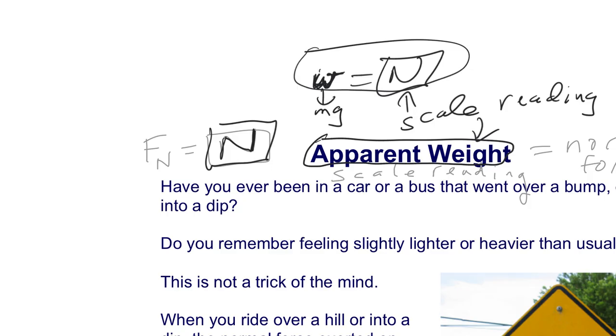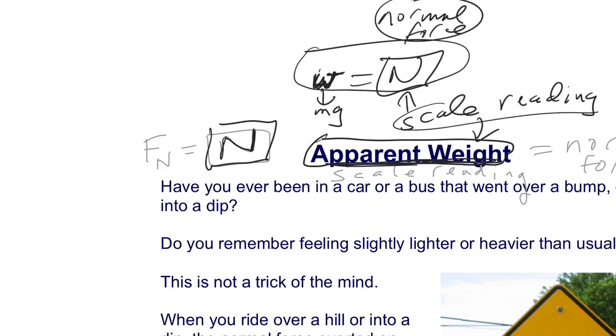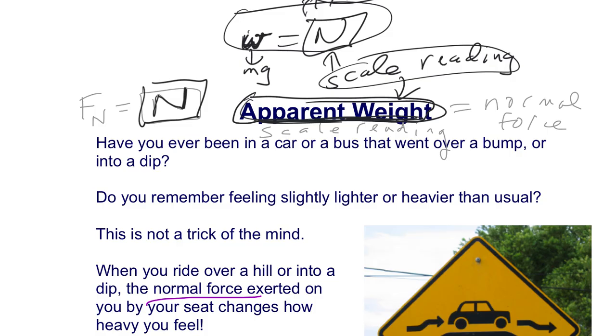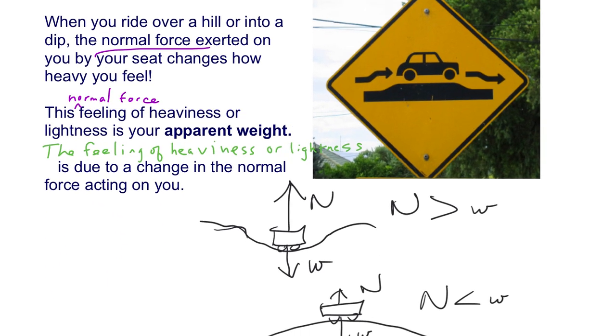But if you're accelerating up or down, your scale reading, your weight, your apparent weight, as they call it, same thing as a scale reading or normal force. These are all synonymous: scale reading, apparent weight. That can change. So you feel heavier or lighter depending on how you're going over the curve.